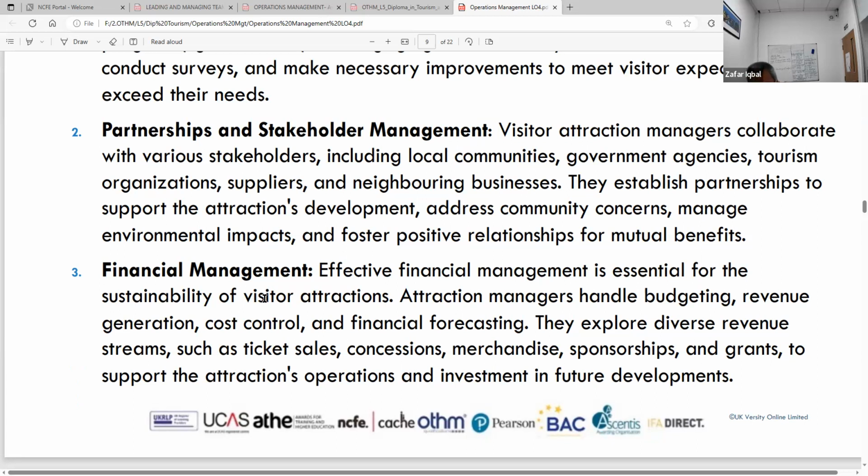Okay, so financial management should be based upon budgeting, revenues, cash control and forecasting. So looking at the customer data, looking at the cost of implementing these, right? Data can be used from other sources to plan costs.